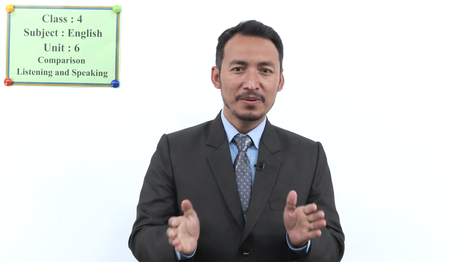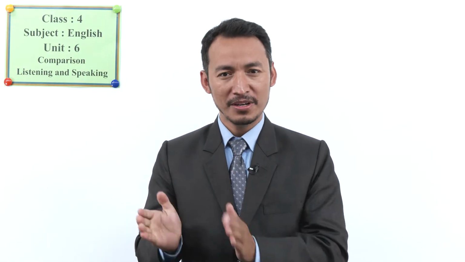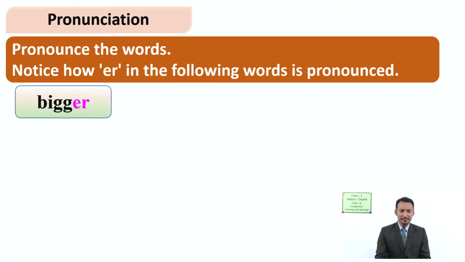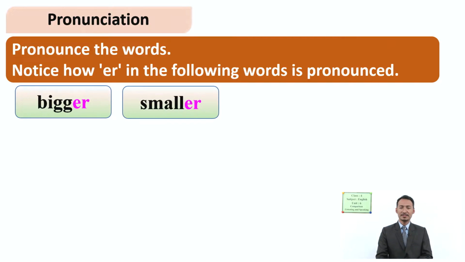Do you remember that? Okay, so before that, let me show you some list of words that can show the comparison, comparative words. For example, let's look at these words. Bigger, smaller. So words with ER here. Can you pronounce it together?